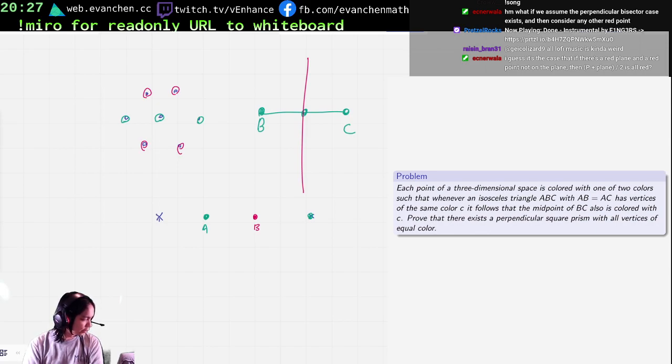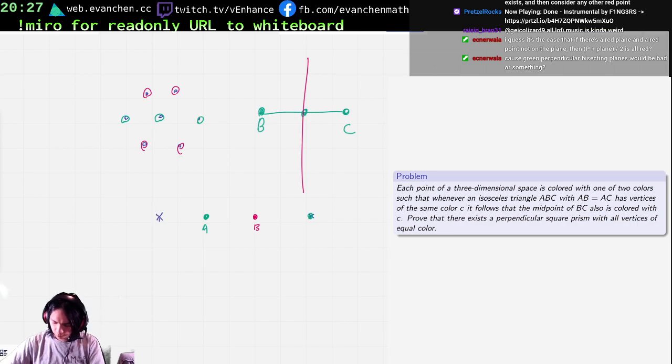And there's a red plane. Okay, so you're saying let's suppose this exists at some point. So you have green, green, red, and then you take some point P that's out there somewhere. And now every point on here is either... this is freaking 3D.